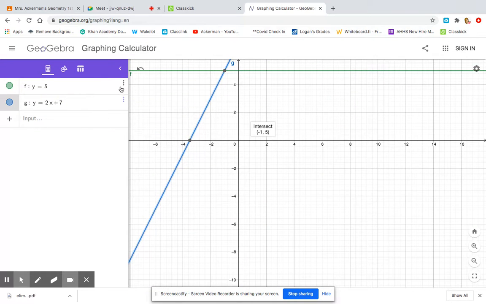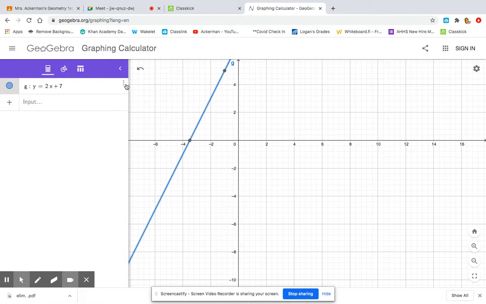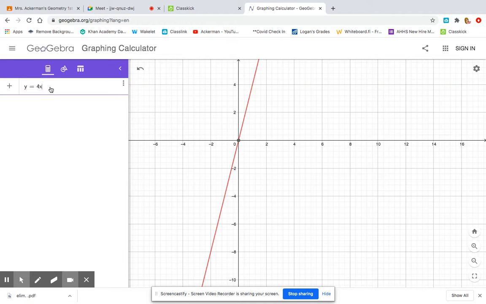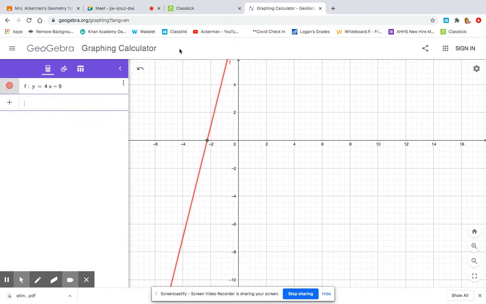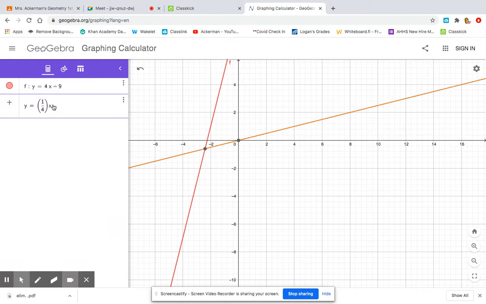So if we go to the calculator, and we delete our other problem, now I can type in what we had. So we have y equals 4x plus 9. Okay, that's going to be this red line here. And then my second equation was y equals, and this calculator likes parentheses for my fractions, so 1/4 x, and then we had minus 6.